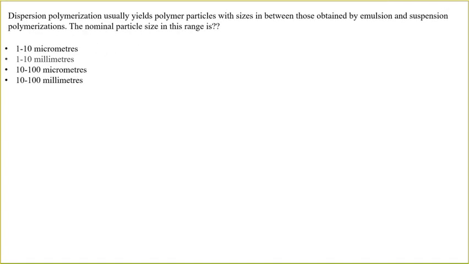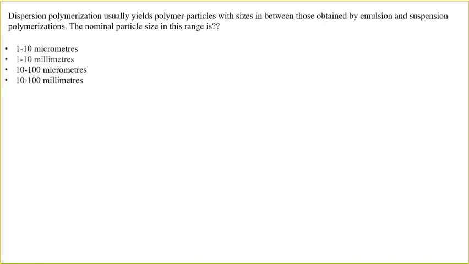Next we have: dispersion polymerization usually yields polymer particles with sizes in between those obtained by emulsion and suspension. If you know about emulsion and suspension polymerizations, we know that in emulsion polymerization the particle size lies between 1 to 10 micrometers, and suspension polymerization is between 10 to 100 millimeters.